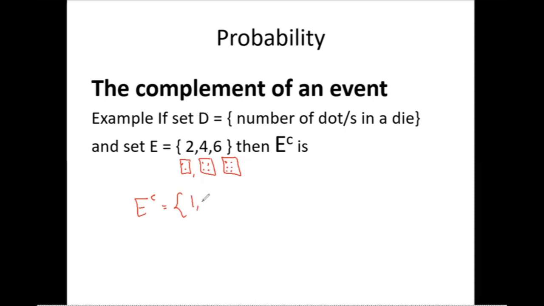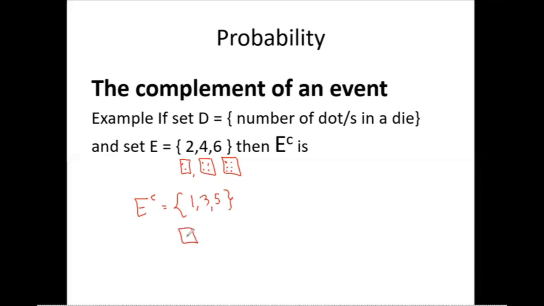At yun ay ang 1, 2, hindi pwede kasi meron 2. So, buburahin natin itong 2. 1, 3, 5. Tama na. 1, 3, 5 ang magiging E complement. So, 1, 3, and 5.